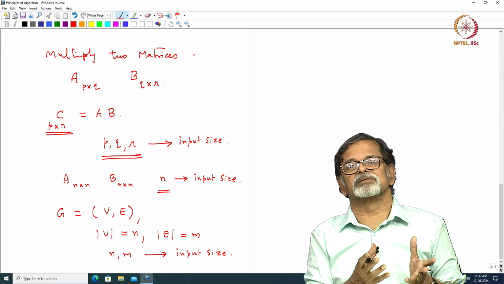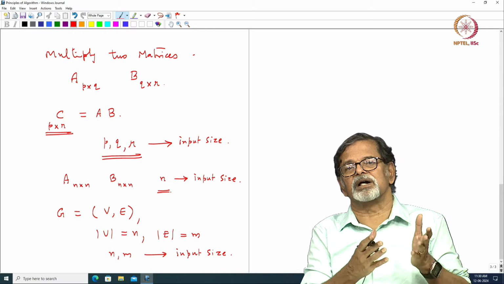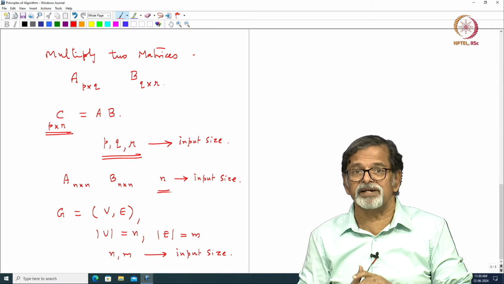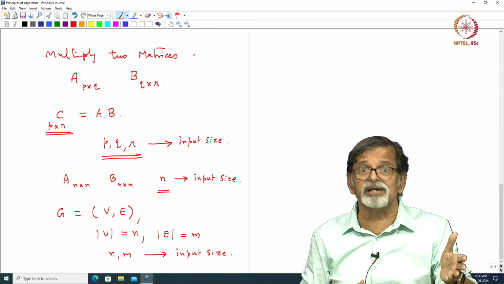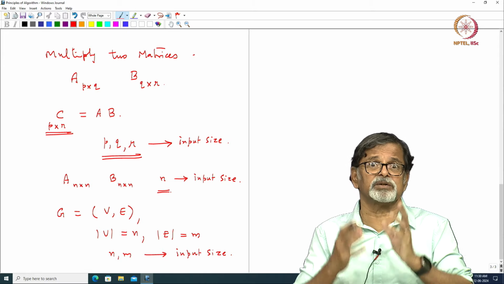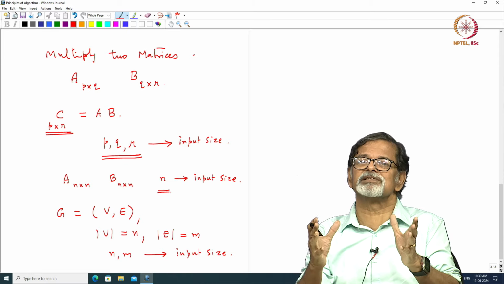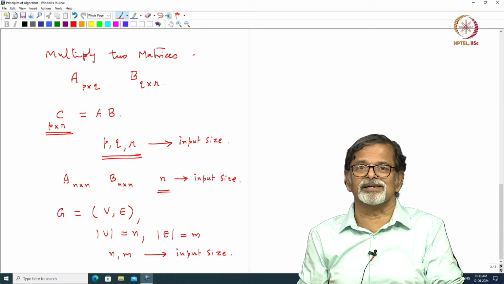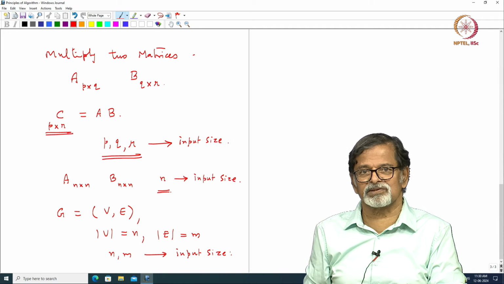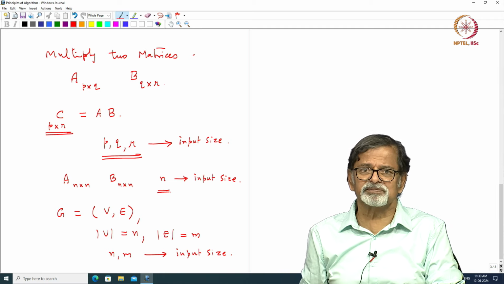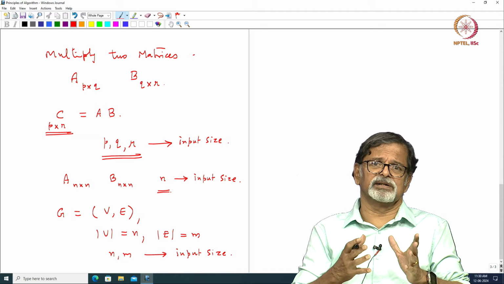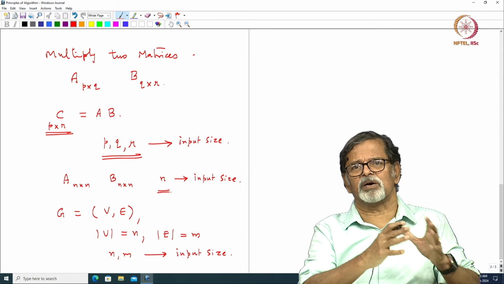If you are working with a graph with 100 nodes and 758 edges, n equals 100, m is 758. There are 2 parameters we use to describe the input size when we are working with graphs and graph algorithms. This addresses the problem of scale.